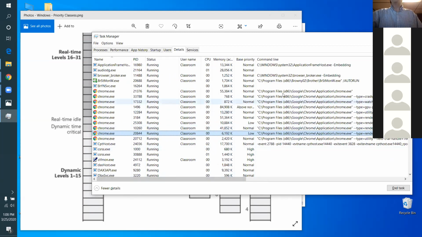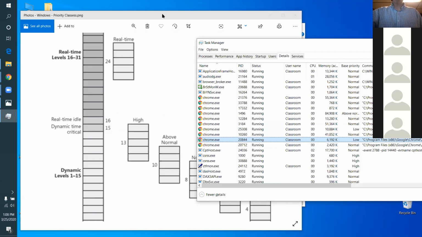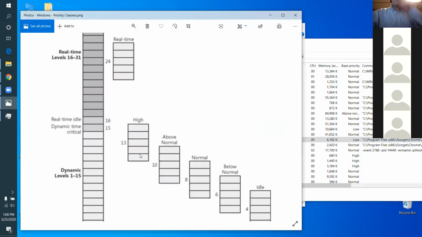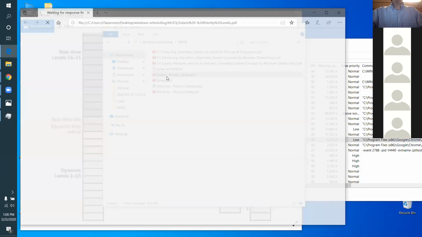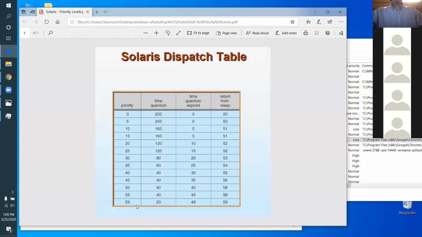Okay. So in Windows, every process is in one of these bands. Now, in Solaris, a process could start up here and work all the way down to here. If a process was truly a CPU-bound process, it would eventually move all the way down to priority 0. That's not the way it works in Windows.